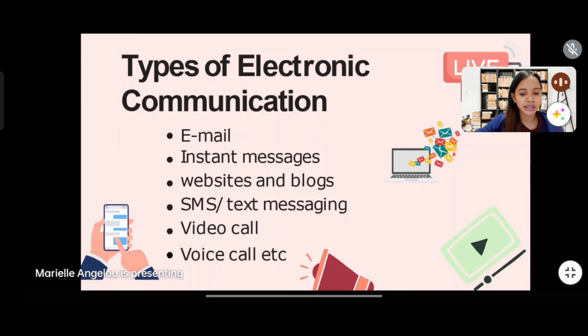We used this especially before, during the time when we didn't have Messenger yet, because SMS is as simple as text messaging or texting.